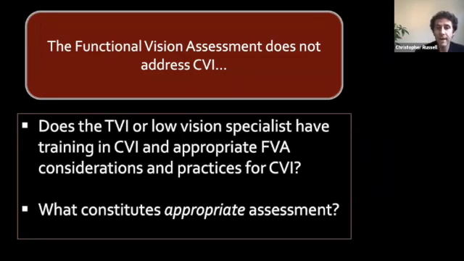But you can say that the child must be assessed based on the unique considerations and unique impact of their specific condition, which is CVI, on their visual functioning.